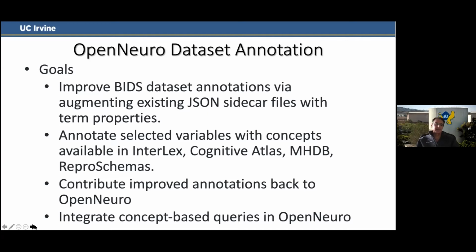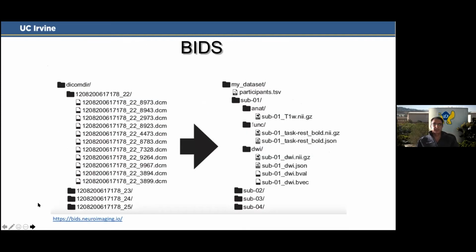And BIDS itself doesn't come with a query language, so it's obviously difficult to query across these data sets. So here's a quick primer on BIDS. Generally, in our MRI scanners, data comes off as DICOM files, and they get thrown into some directories, and they have all these unique IDs that don't mean very much to people.